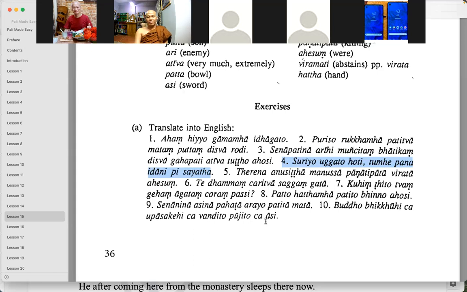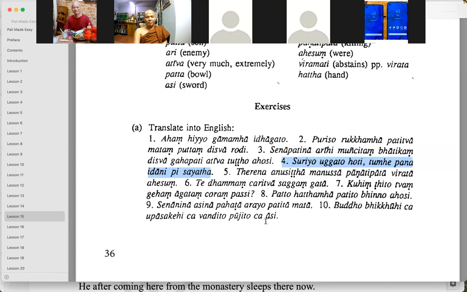Ugato is a past participle, and the O agrees with the subject. Ugato hoti means has arisen, as Bante just taught. And then the other phrase is tumhe pana idani sayatha.